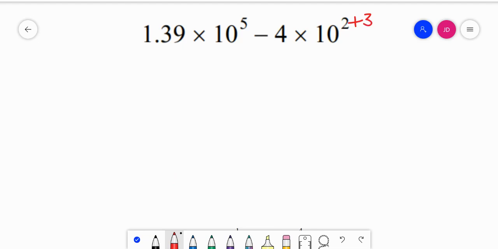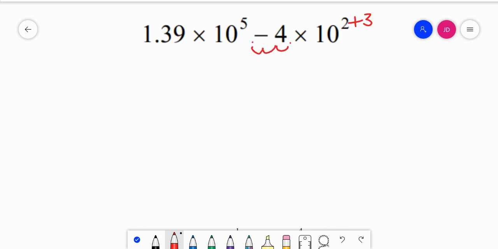Now I can't just add 3 to this power of 10, because that changes this number in scientific notation altogether. If I add 3 to this, I have to make this number smaller by moving the decimal over 3 spots to the left. So 1, 2, 3.